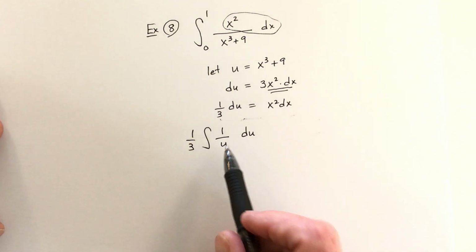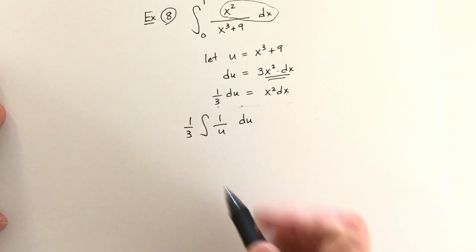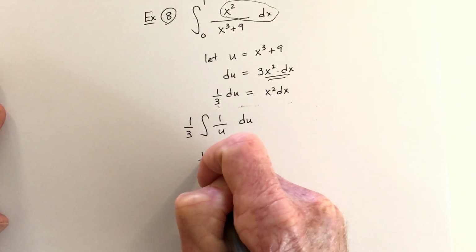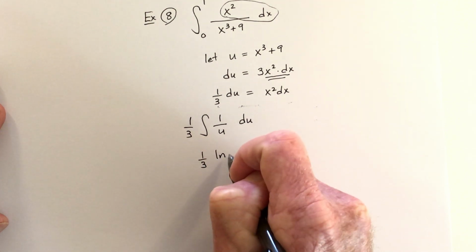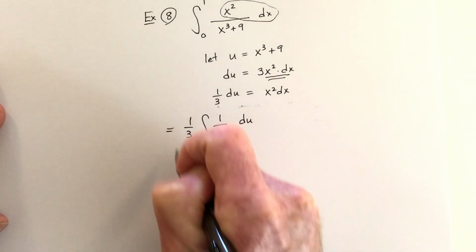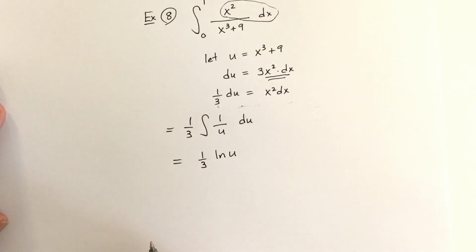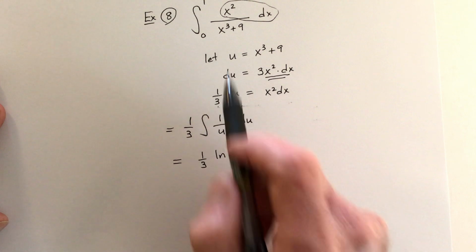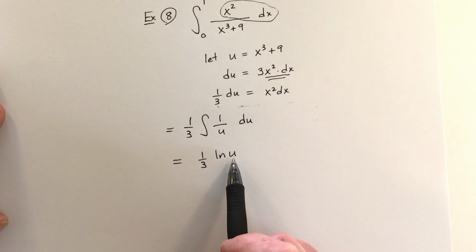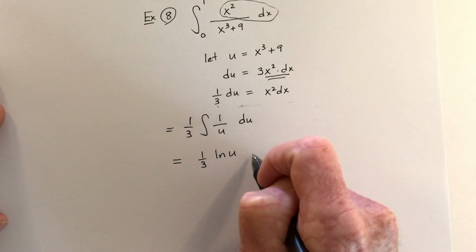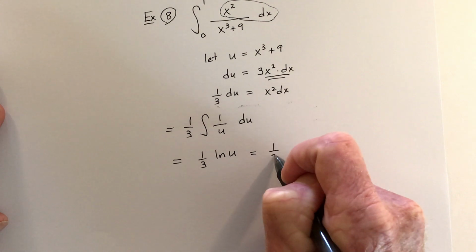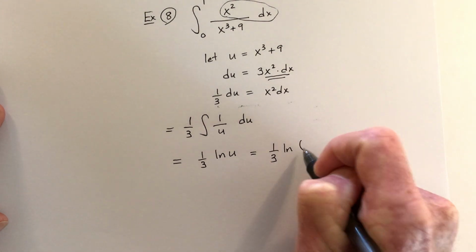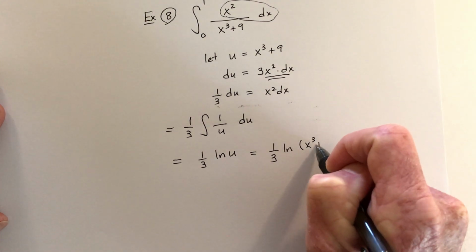And the antiderivative of 1 over u, that's the natural log. So the 1/3 can stay there, and then it's going to be the natural log of u. And again, I don't plug in any numbers, and I don't even write down the numbers until I'm back to this being x. So this, when you replace the u, is going to be 1/3 the natural log of x cubed plus 9.